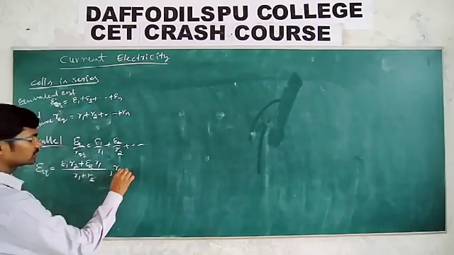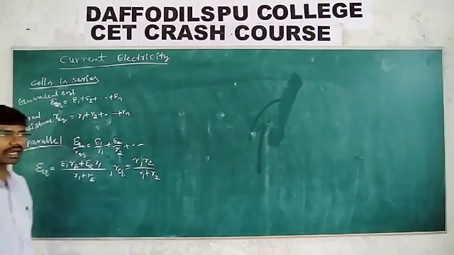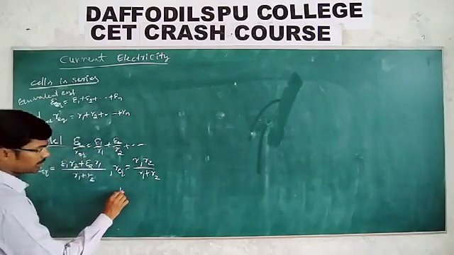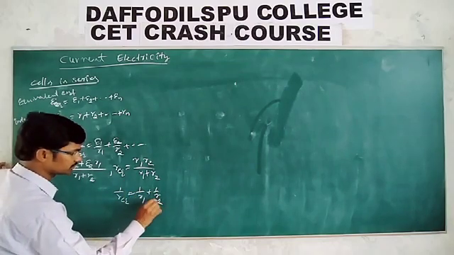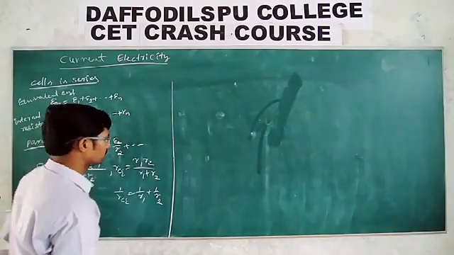The equivalent R is R1 R2 by R1 plus R2, which is similar to resistors in parallel. Now 1 by R eq is equal to 1 by R1 plus 1 by R2.